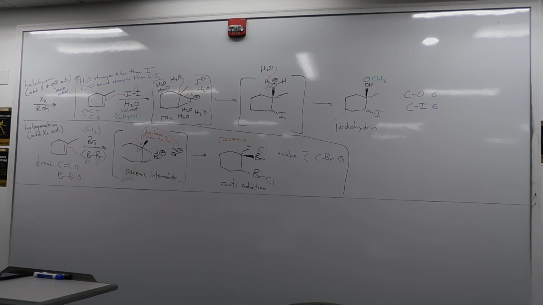But now instead of two of those, we're making one carbon oxygen sigma bond. That's really strong. Really what this is saying, the fact that this bottom reaction doesn't work with I2, is because the CI bond is about the same as the carbon-carbon pi bond. Carbon-carbon pi bond's much weaker than a carbon-carbon sigma. The carbon-iodide sigma bond is about 60% of a carbon-carbon sigma bond.